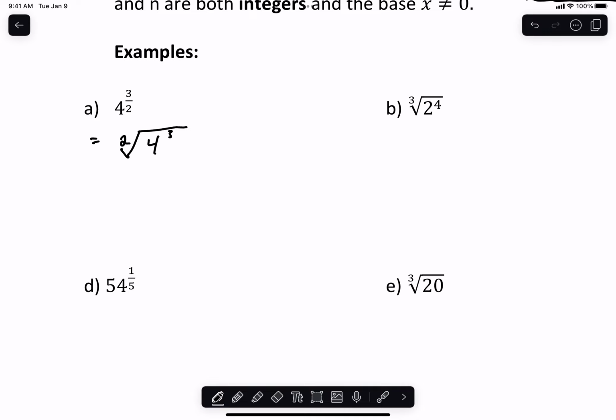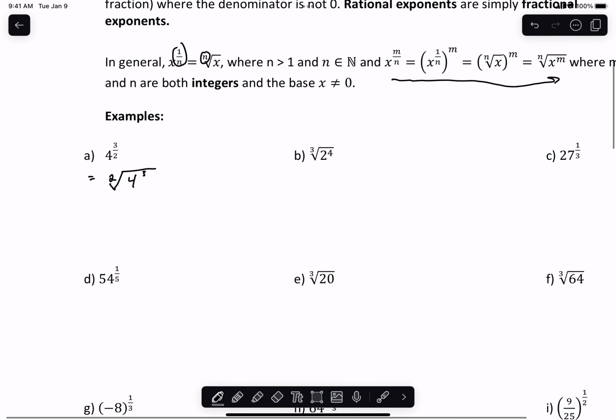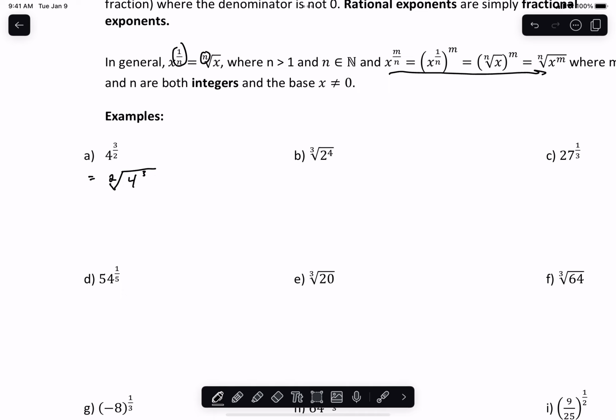You see what I'm saying? And all I'm doing there has come from the process up top, where I've taken something that looks like this and converted it into something like this, which is maybe a little bit easier to evaluate, right?